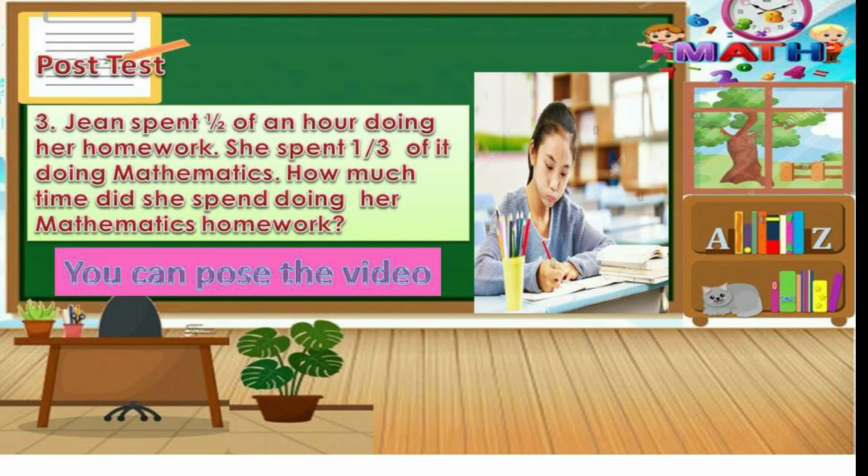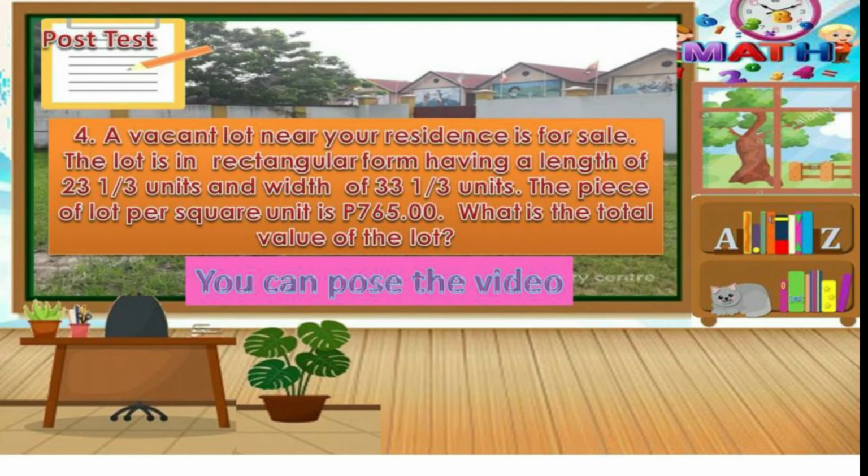Okay, for question number 4, a vacant lot near your residence is for sale. The lot is in a rectangular form, having a length of 23 and 1/3 units and width of 33 and 1/3 units. The price of the lot per square unit is 765 pesos.